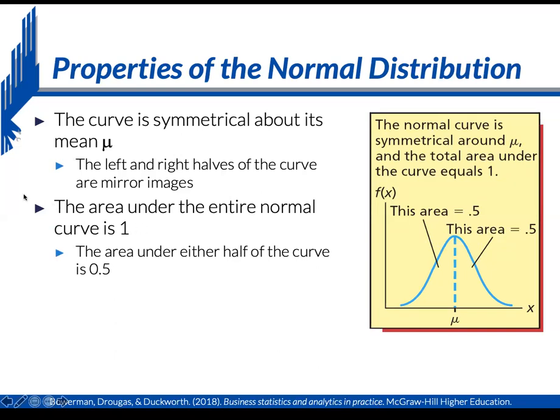So the total area under this curve is 100%. And since the mean cuts the normal distribution into equal halves, the total area to the left of the mean is the same as the total area to the right of the mean, which is 50%.